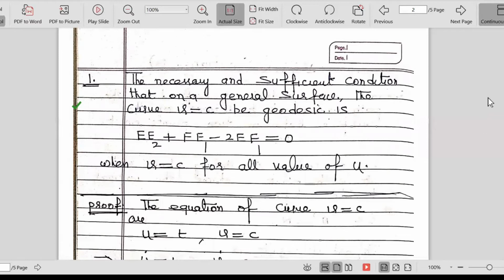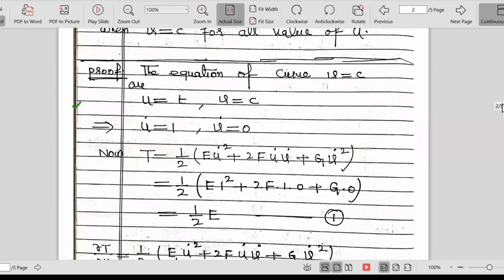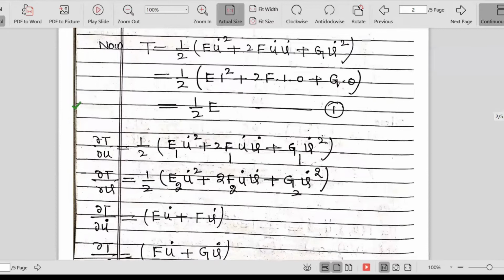So the equation of the curve can be defined as u equal to t, which is in parametric form, and v equal to c, which is a constant. Its first derivative with respect to t: u̇ equals 1, v̇ equals 0. So capital T can be defined as 1/2 E, which is equation number 1.